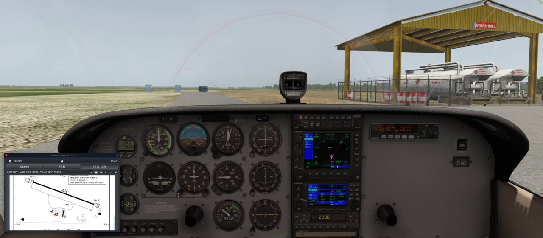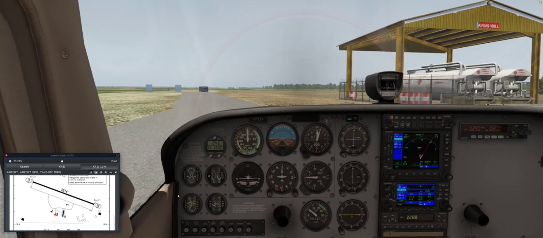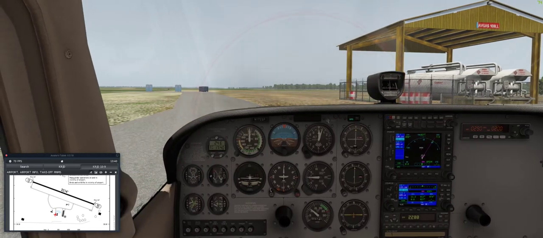I need to go down a hair. If you don't have gyros synced and you don't have this in the right mode, see, they both do the same thing. See, watch. And you can do it down here too. Bottom line is you want it in GPS mode when you're following a GPS waypoint.